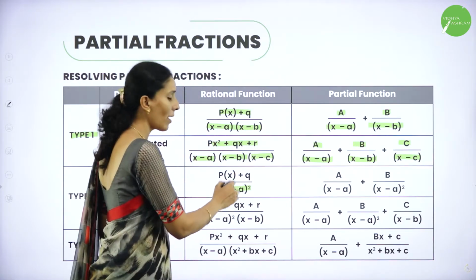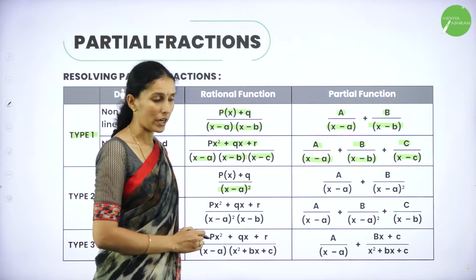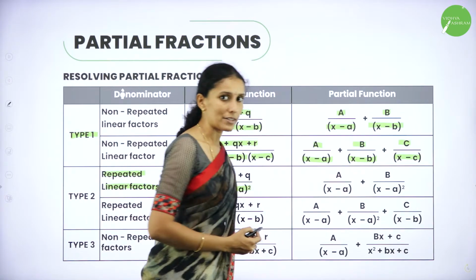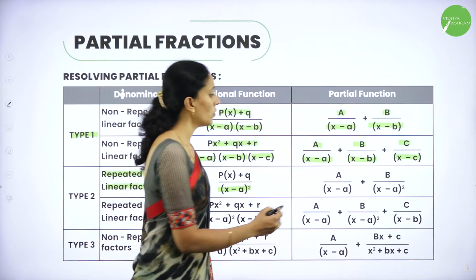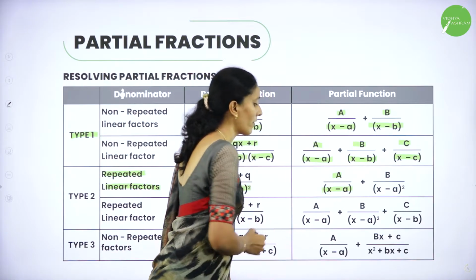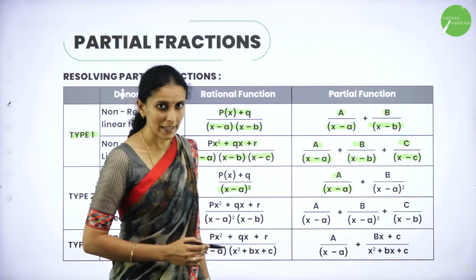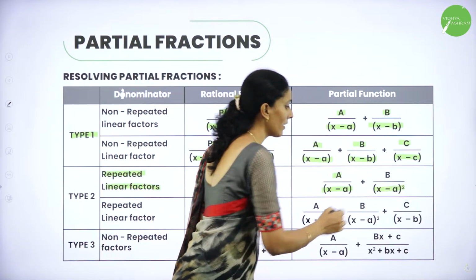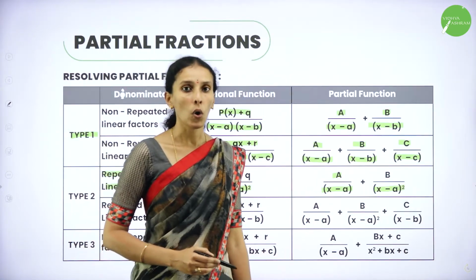So whenever you come across this type of rational function, then you have to split them in terms of 2 linear partial fractions, that is a divided by x minus a plus b divided by x minus a whole square.